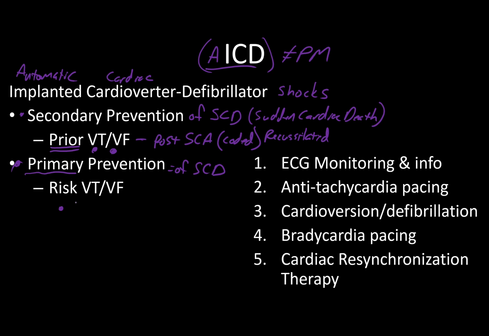A really common example is going to be heart failure patients, where they've got just poor heart function that is highly likely to lead to this. So in either case, it's VTAC and VFib, either the risk of it or the fact that they've had it before, which proves that they need it. That's how they wind up qualifying.